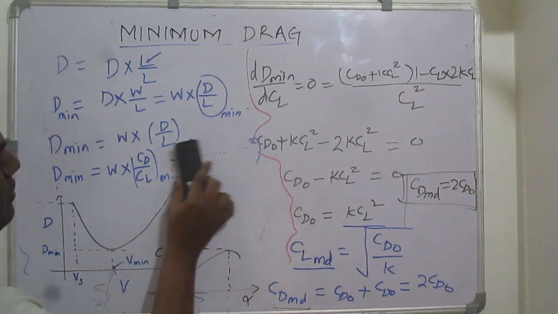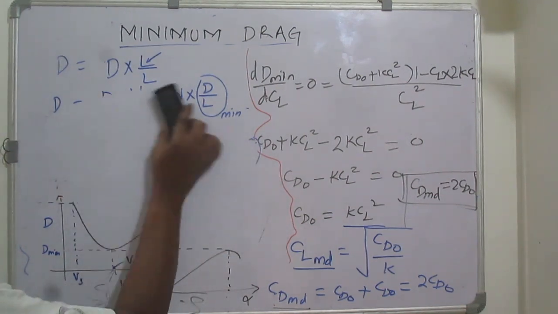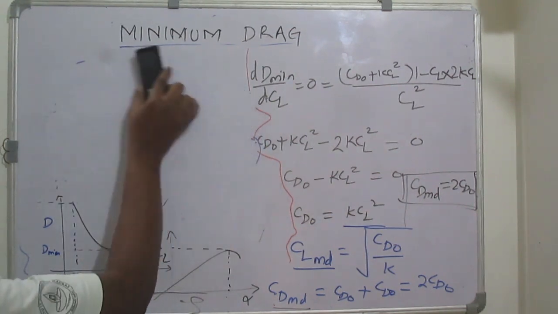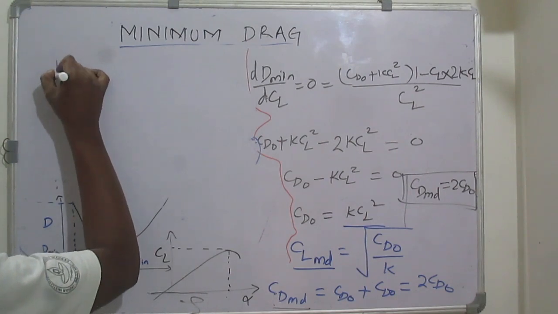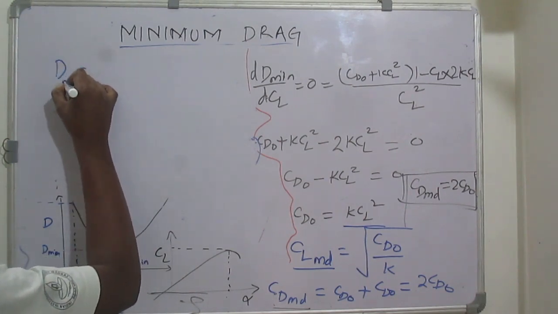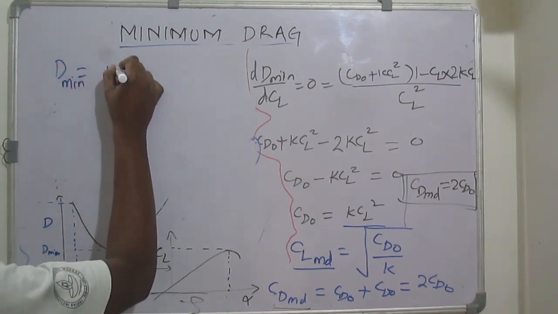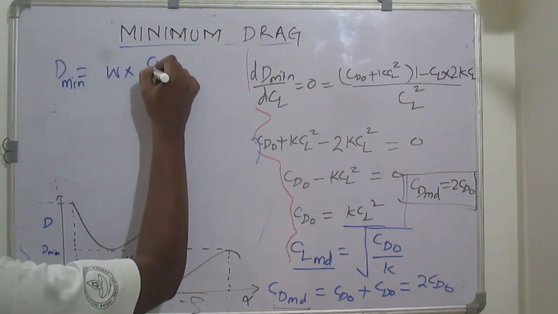Then another one, the total drag we can obtain by using this formula, because we know drag minimum equal to W into CD by CL.